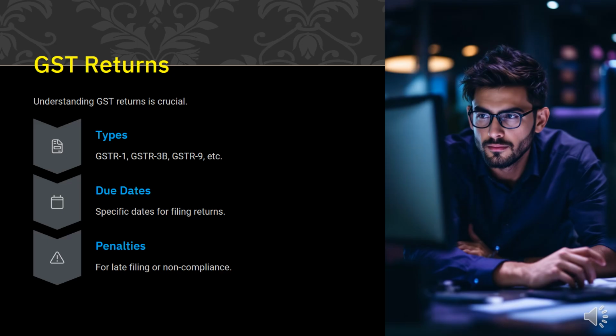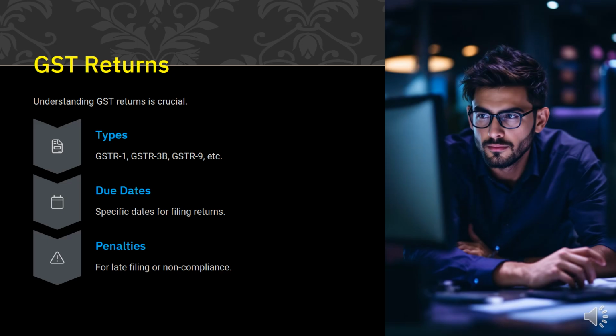GSTR10, taxable person whose registration has been surrendered or cancelled, within 3 months from the date of cancellation or date of cancellation order, whichever is later. CMP8, composition taxpayers, quarterly, 18th of the subsequent quarter.